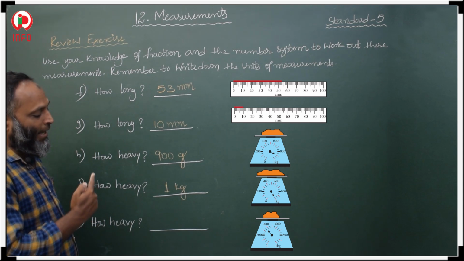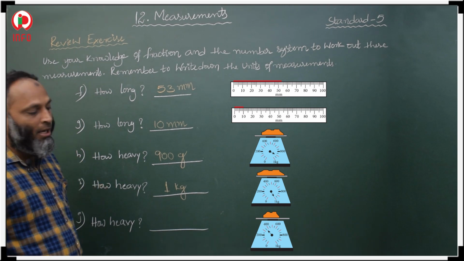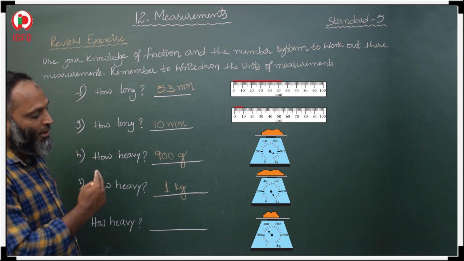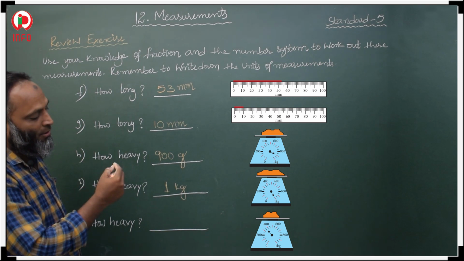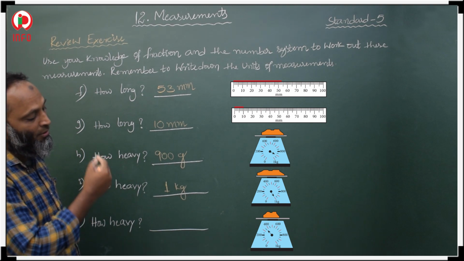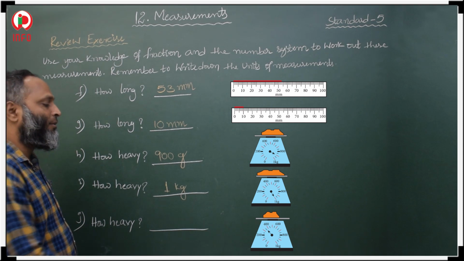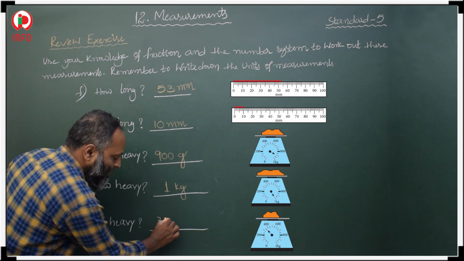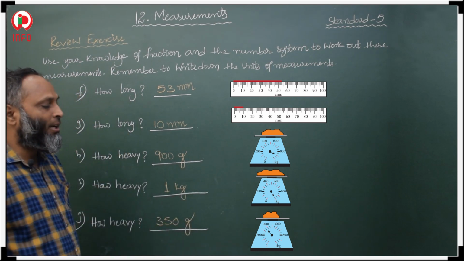Here the arrow is in between 200 and 400. After 200, the small mark is 250, after that 300, after that 350. The arrow is exactly on 350 grams. So the weight is 350 grams. Okay.